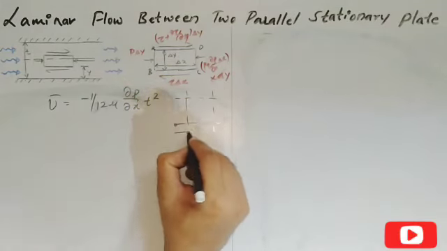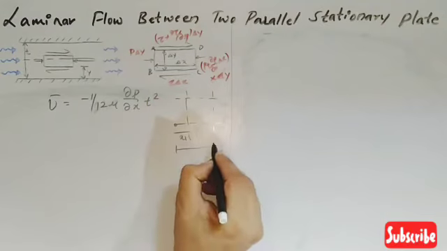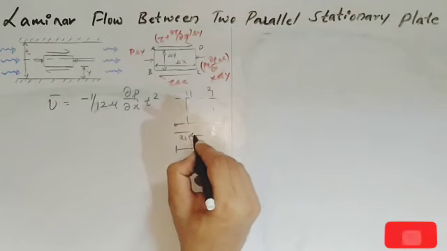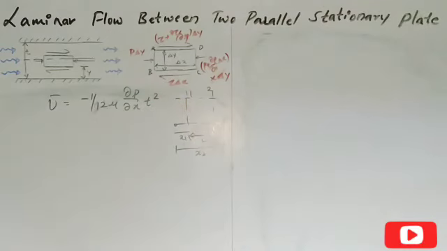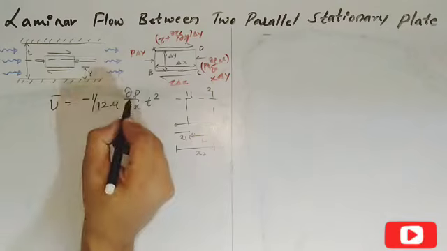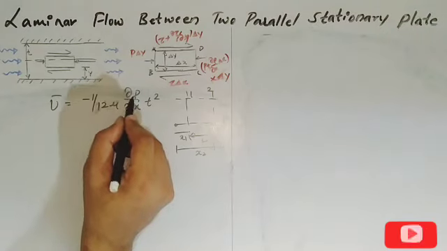Now from this starting point, this will be x1 and this is section 1, and this is x2, section 2, and the length between section 1 and section 2 is at a distance of L. Now integrating this average velocity with respect to x, we will get the pressure, as we have dou p there.